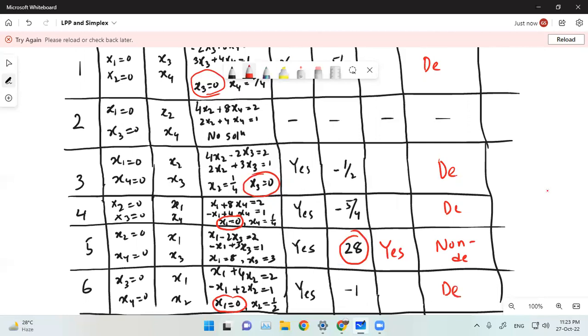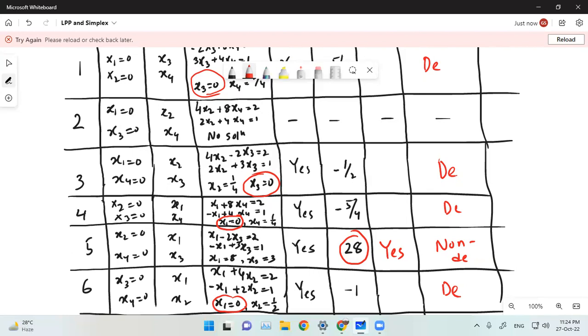Okay, so this is how you have to solve the linear programming problem and figure out the optimal condition. And what is the significance of degenerate or non-degenerate while we are solving the problem with the simplex method?